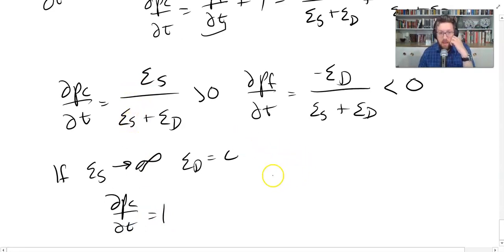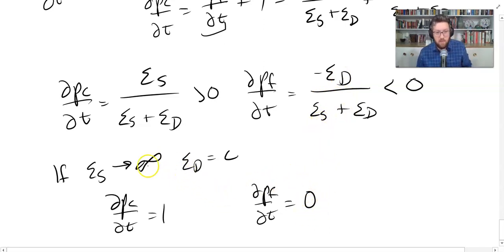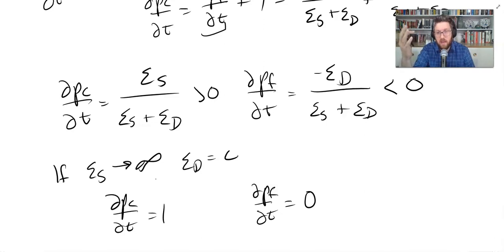Okay? And this thing over here is equal to 0 because any number divided by infinity, unless it's infinity, is equal to 0. So what does that say? Well, as the elasticity of supply goes to infinity, the amount consumers pay of the tax goes towards 1.